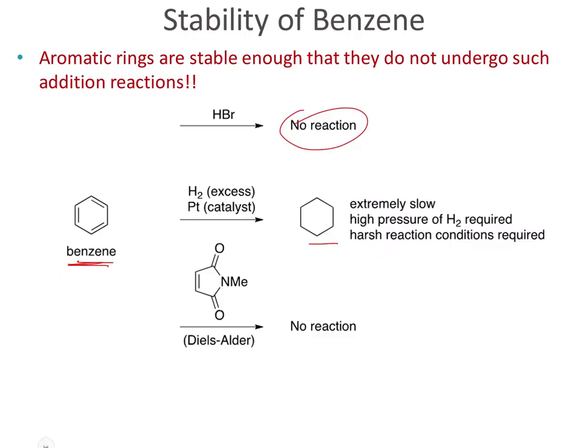So it requires very high pressure and very harsh reaction conditions. So it's not really favorable. How about if we try a Diels-Alder reaction? Well, there's really no product formed. So what is really wrong with benzene? Why is it so stable that it does not want to undergo any reaction?